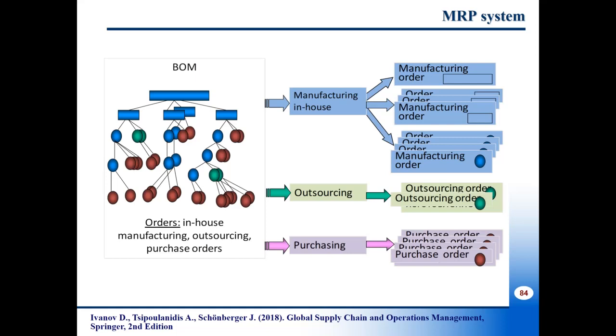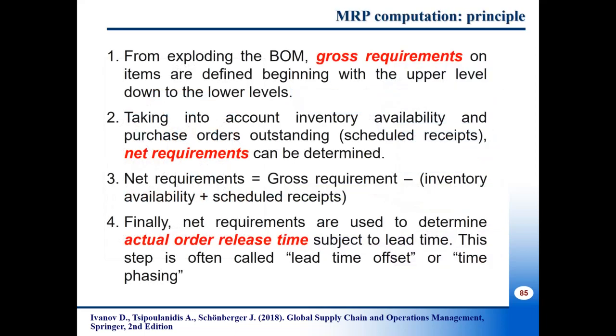The lead time is taken into account to calculate MRP, and therefore, for calculating MRP, the following data are required: the MPS or Master Production Schedule, the BOM or Bill of Materials, inventory availability, purchase order outstandings or scheduled receipts, and lead or manufacturing times for each item.